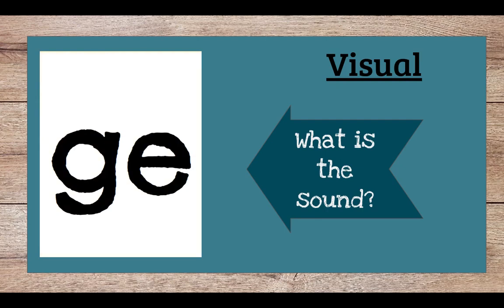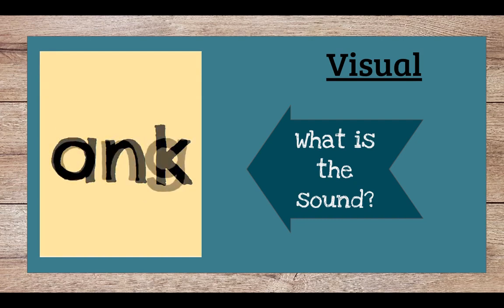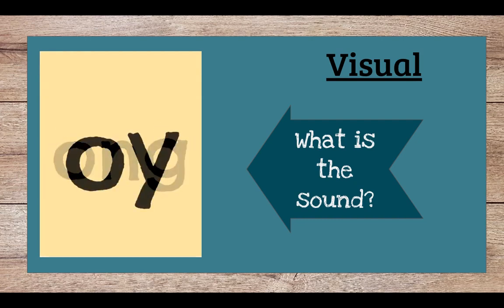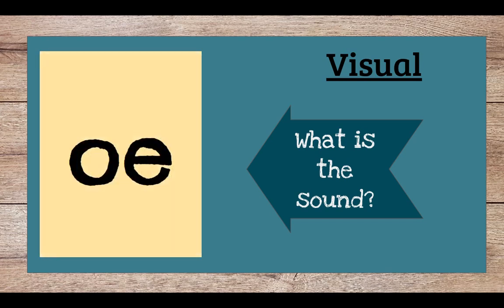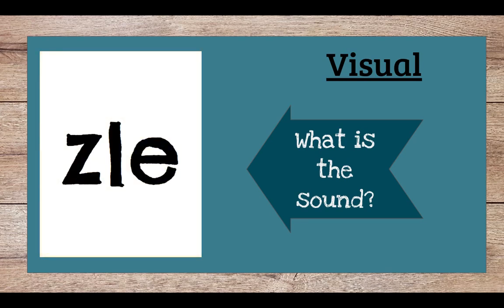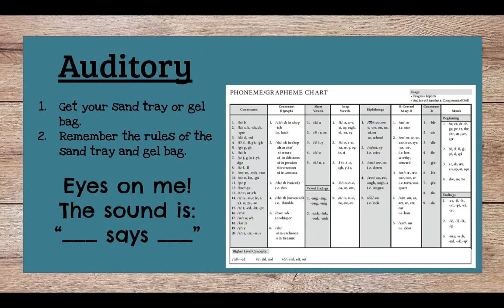Remember, GE makes that J sound. Ing, ink, ong, oi, ch, o, zul, ter, a.